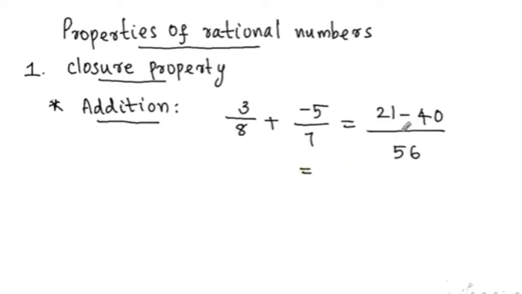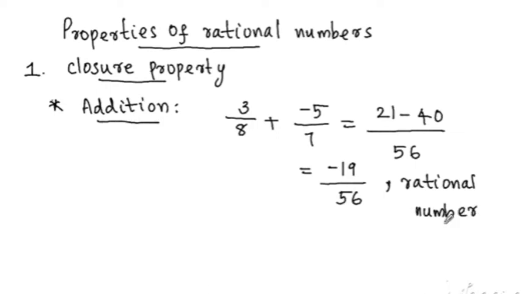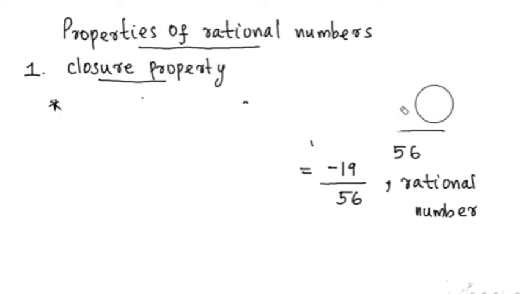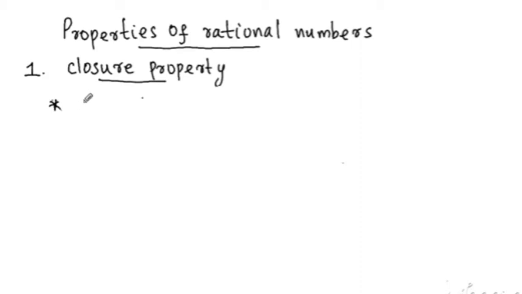So 21 minus 40 is negative 19 divided by 56, because you have to take the difference in the numerator and put the sign of the largest one, and you can see it is a rational number. That means if you add two rational numbers, you will obtain a rational number. So we can say the rational numbers are closed under the operation addition.